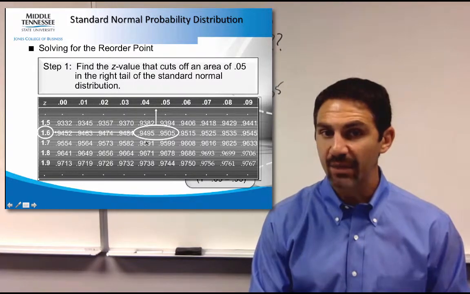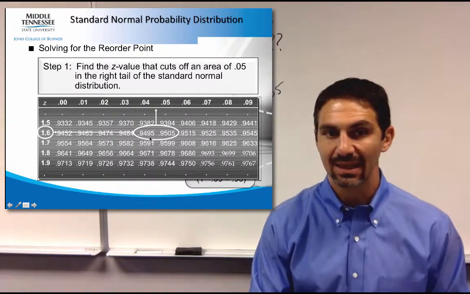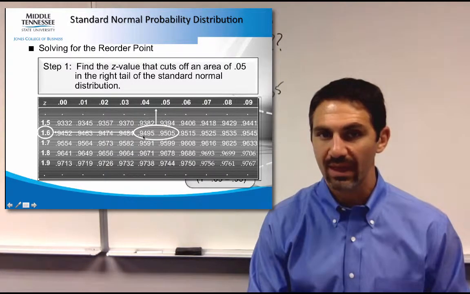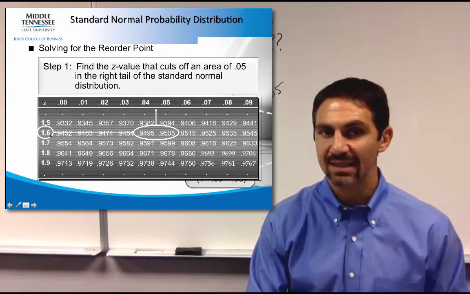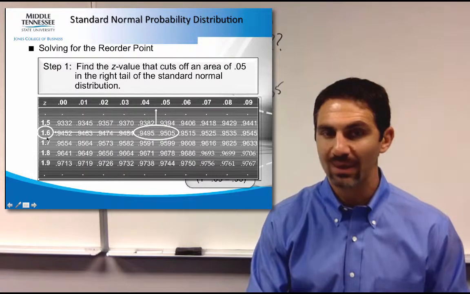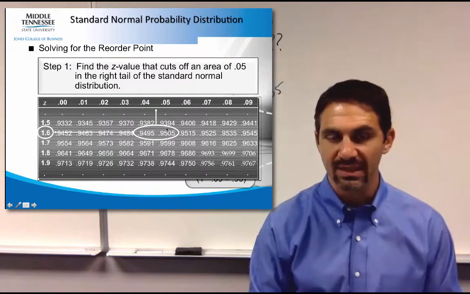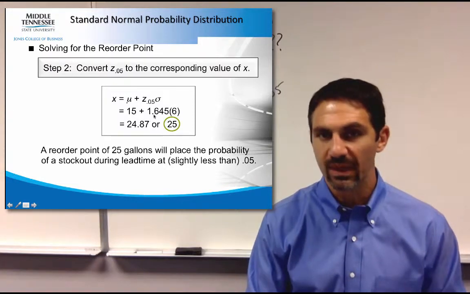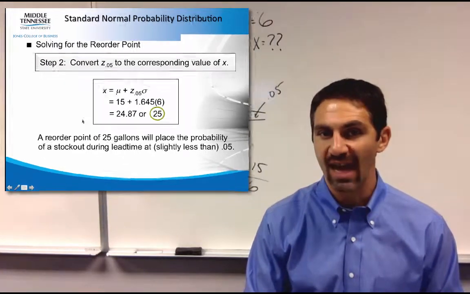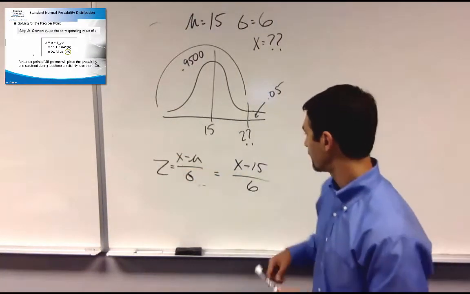Or you can look at the table here and see that 0.95 is between 1.64 and 1.65. Make sure you can see that. And so we can use 1.645 for our z-score here.